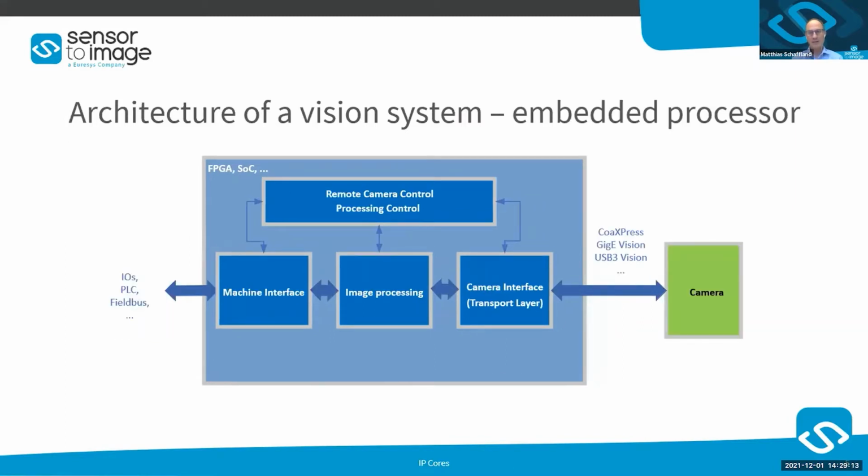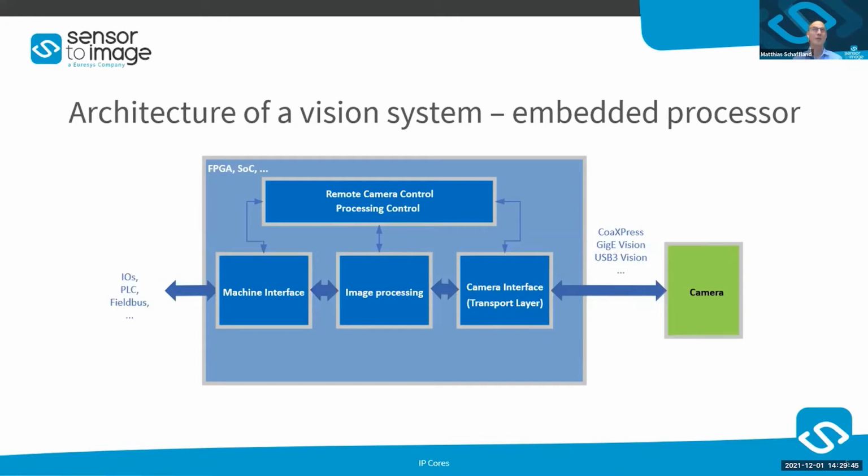An embedded processing system looks a bit different. Here we have an external camera with an interface like CoaXPress, GigE Vision, USB, or MIPI, or something else. Inside our processing here, the blue processing block, we need a camera interface, not only a sensor interface, but a camera interface to implement the protocols used by the camera.